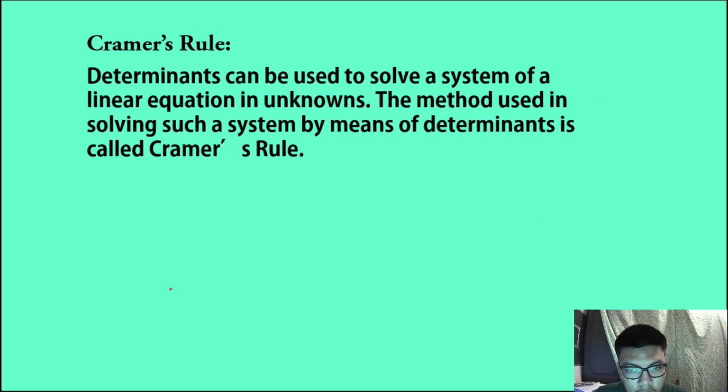Determinants can be used to solve a system of a linear equation in unknowns. The method used in solving such a system by means of determinants is called Cramer's rule. So using determinants, makasosolve natin yung ating linear equation. Ano? Kaya nagkaroon muna tayo ng background sa ating matrix kasi sa Cramer's rule, ang ginagamit dito ay matrices na. No?